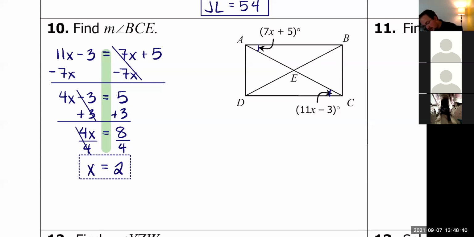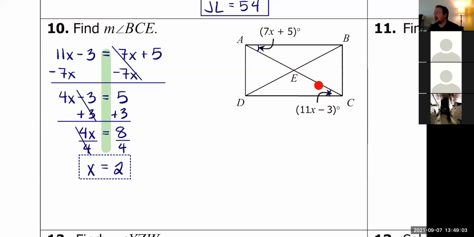I am looking for the measure of angle BCE, which is right here in this section. Now, what do I know that this whole angle would be for that corner of the rectangle? It should be 90, I heard someone say. Yeah, probably. I know 11x minus 3 makes up part of it.